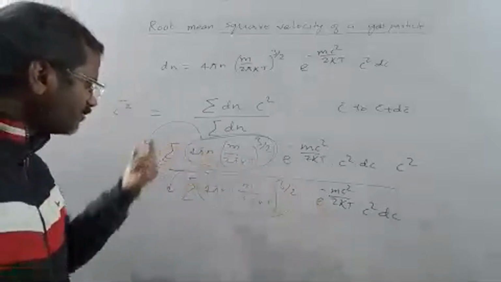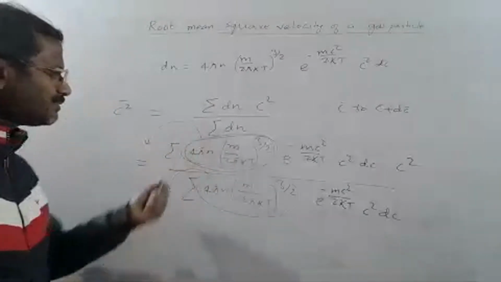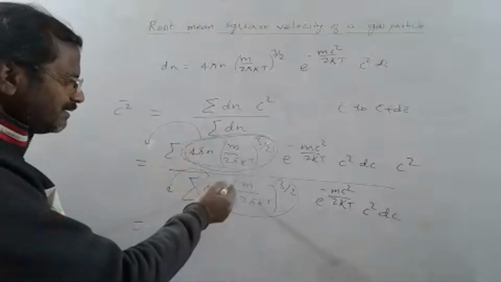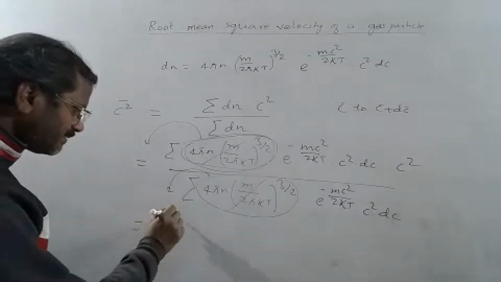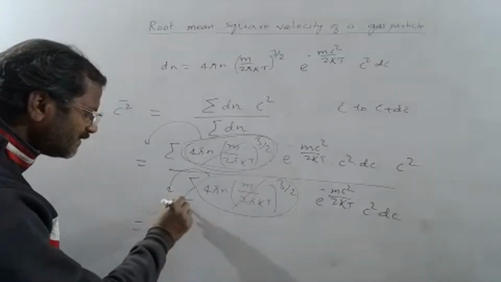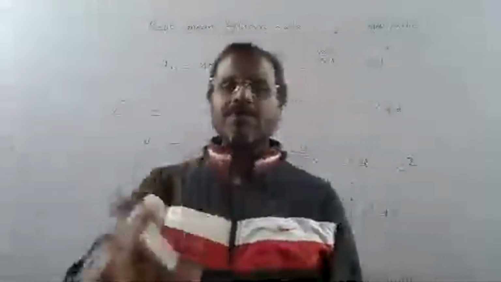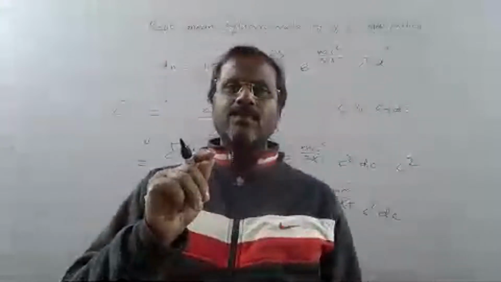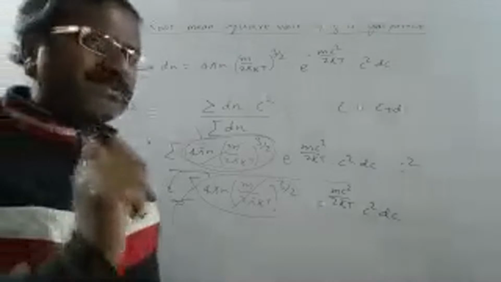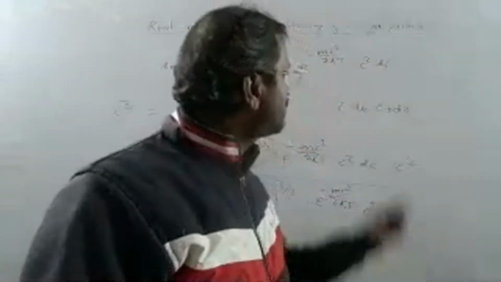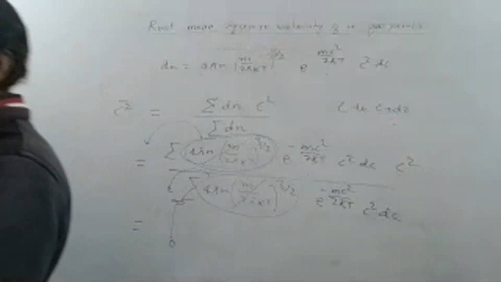After taking these out of the integral, these two values cancel out and then we can write the integral from 0 to infinity, because we have to calculate only positive velocity, the number of particles moving with positive velocity, since between c to c plus dc they have only positive values.